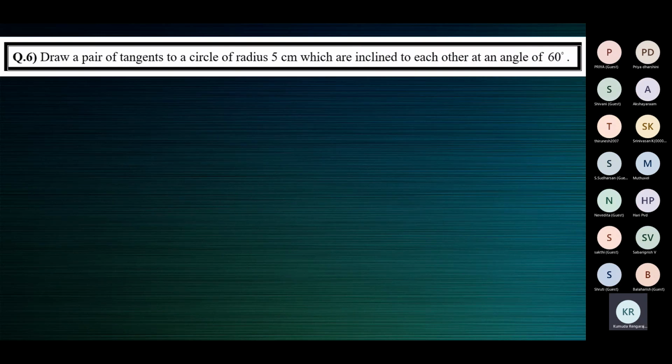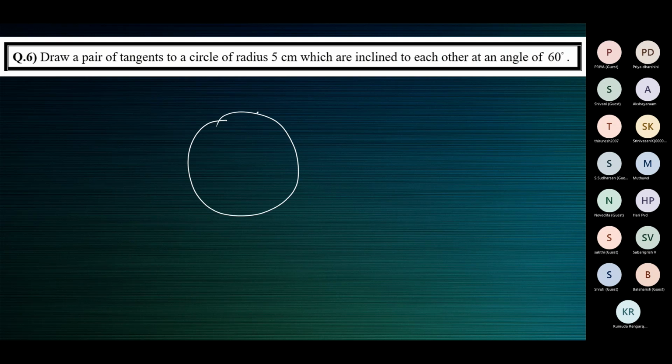Draw a pair of tangents to a circle of radius 5 centimeters, which are inclined to each other at an angle of 60 degrees. Sometimes they'll say draw a pair of tangents which are perpendicular to each other. We need to understand this information given. So I'll use a rough diagram first. The construction will look like this.